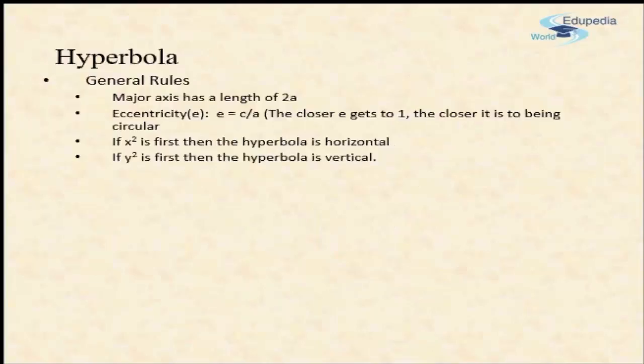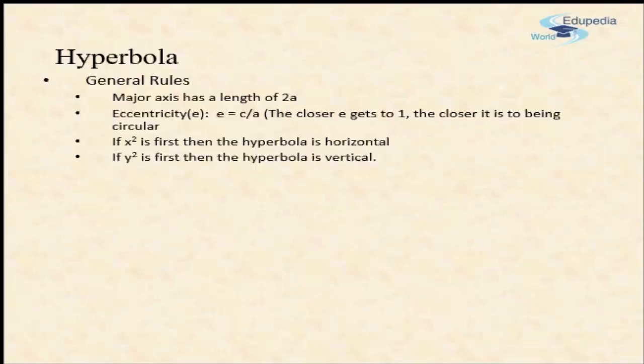Eccentricity. Now I talked about eccentricity in the previous lecture about ellipse, but I didn't go into the detail of it. Eccentricity is basically the property of any shape which makes it closer to a circle. The more eccentricity it has, the more circular it would be.